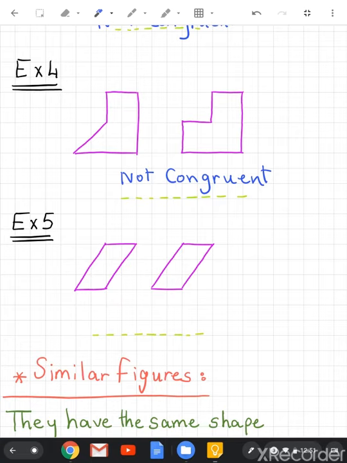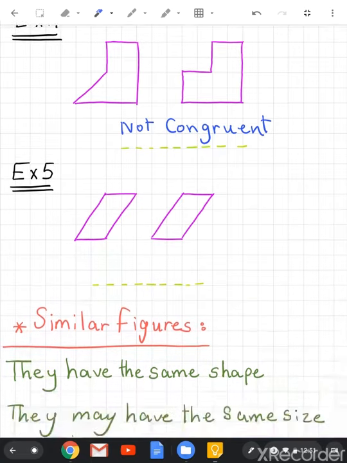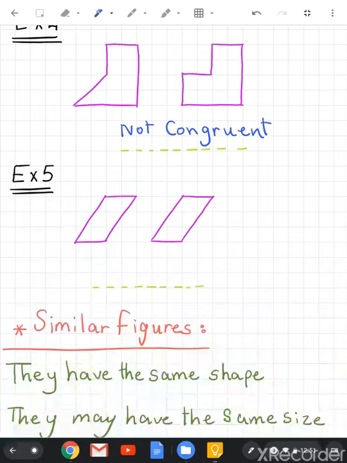What about example number 5? Here we have two shapes. They are two parallelograms and they are the same in size. So these two parallelograms are congruent.